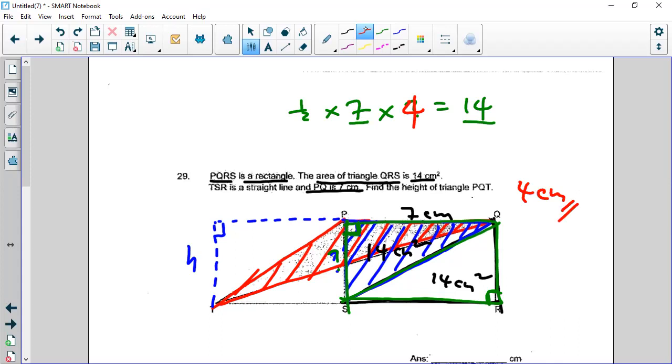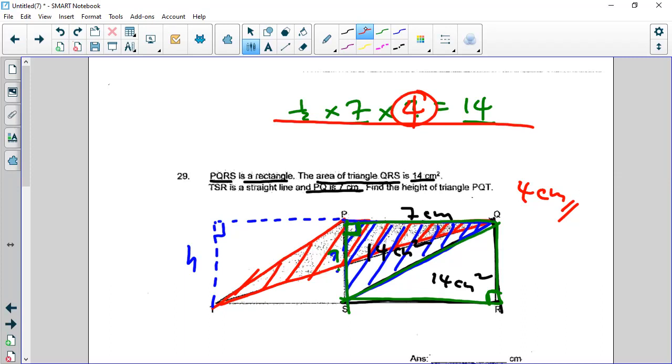Okay. Any question? Okay, Raphael. Can we do it as 14 times 2 equals 28, 28 divided by 7? Also can. Raphael said that if you don't know how to get the height, you do some guess and check: half times 7 times 2, half times 7 times 3, times 4, times 5.